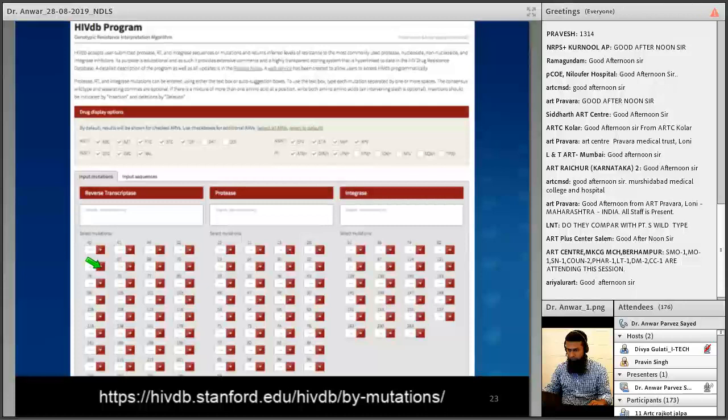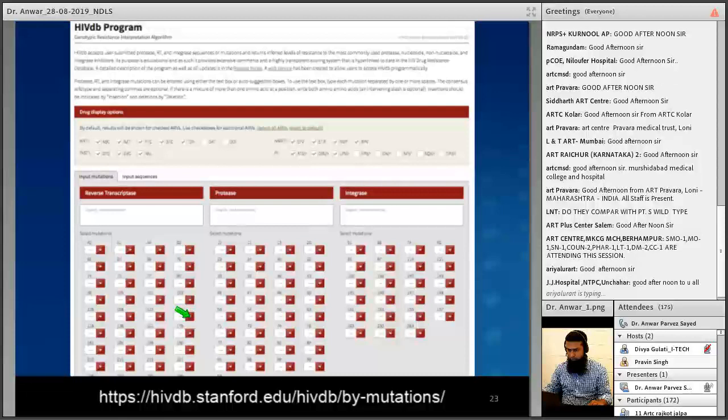You need to click on this drop down menu, and then accordingly, for example, if it is M184V mutation, you need to go to 184 here. Whenever you go to 184, you need to click on this drop down menu. If it is M184V, you need to select V in presence of M.